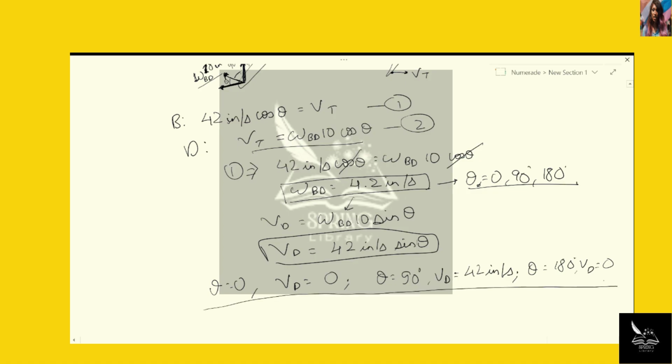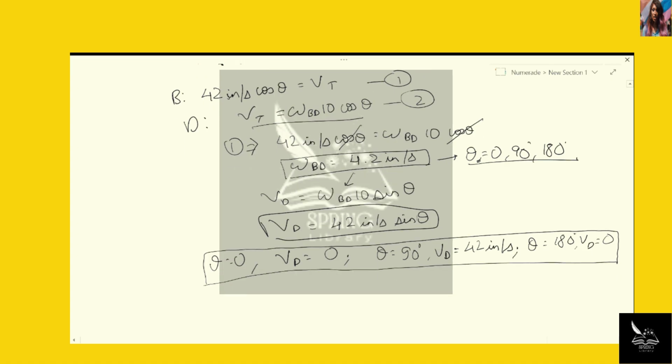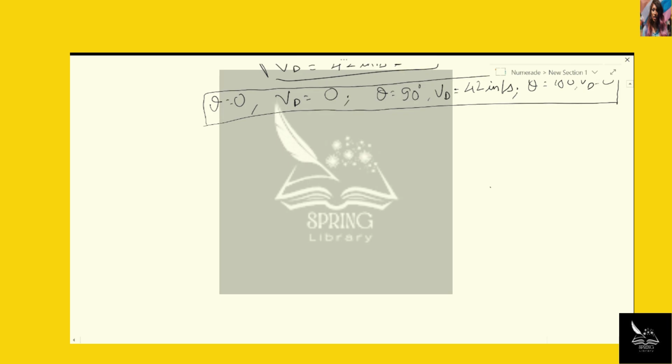So you can see that as the disk rotates, the velocity goes from 0 to maximum and then again 0. So the next problem just discusses this problem again, and it asks that if the disk has a constant velocity of 20 radians per second clockwise, then determine the two angles theta for which the velocity of collar D is 0. And for these values, determine the angular velocity of bar BD.